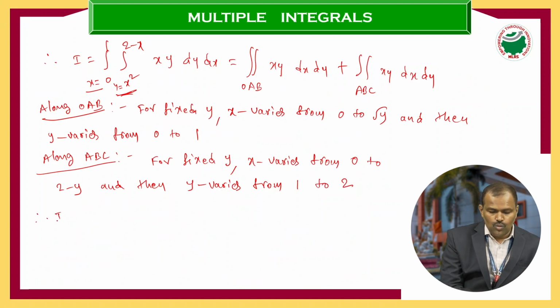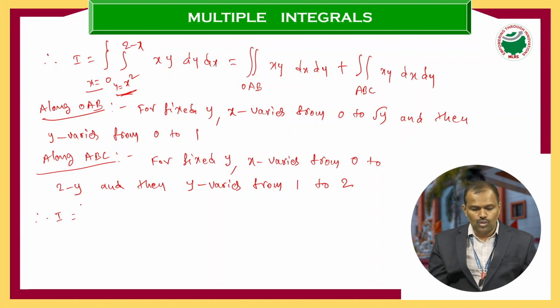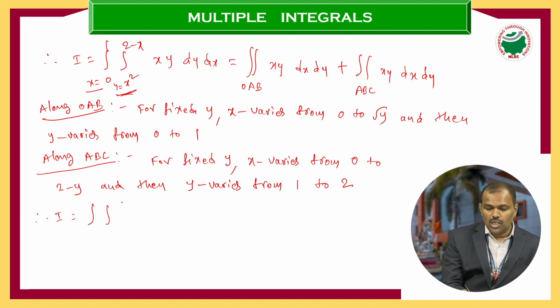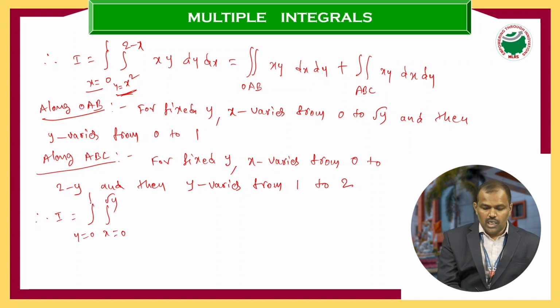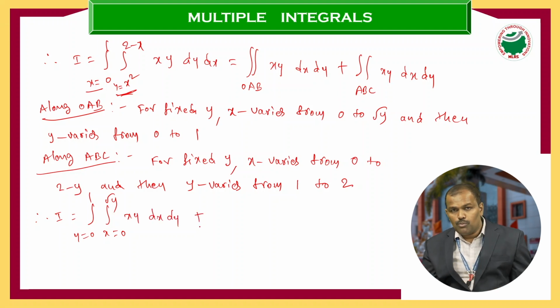Therefore, the given integral I is equal to, what are the limits along OAB? X limits are 0 to root y, y limits are 0 to 1, xy dx dy, plus, this is only OAB, plus what about ABC?